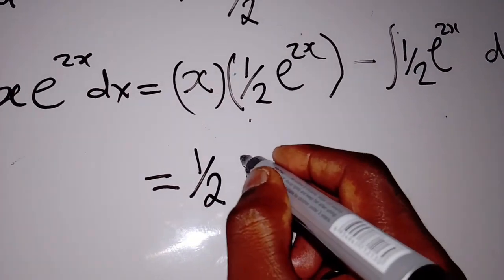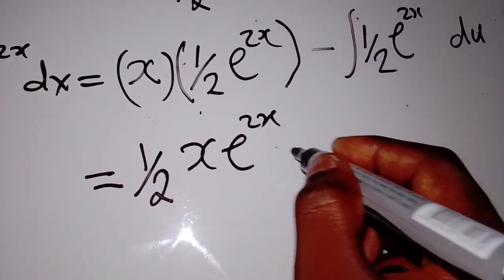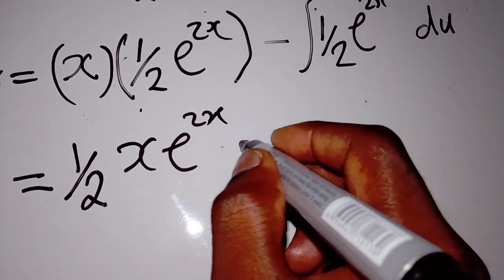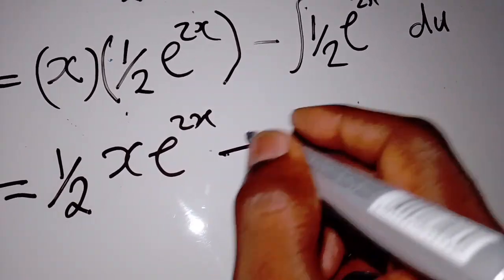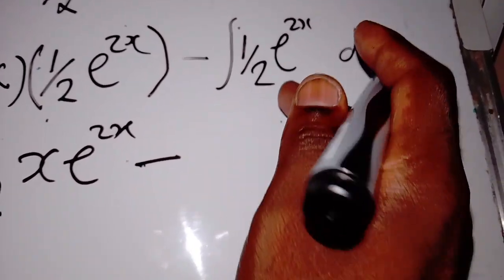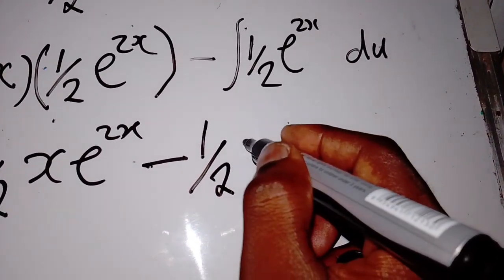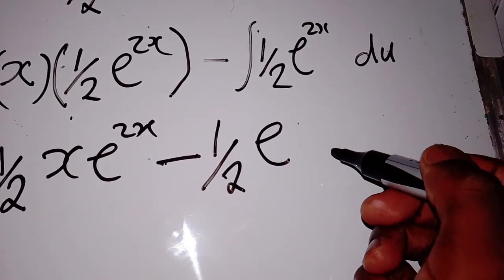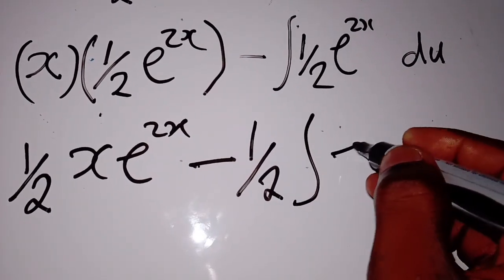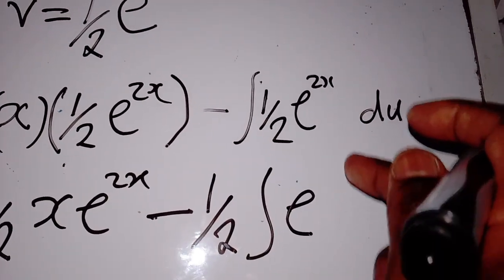So we get 1 over 2 x e to the power 2x, minus this half will come here, 1 over 2 times the integral of e. So if it comes in front, you are just going to remain with e to the power what?